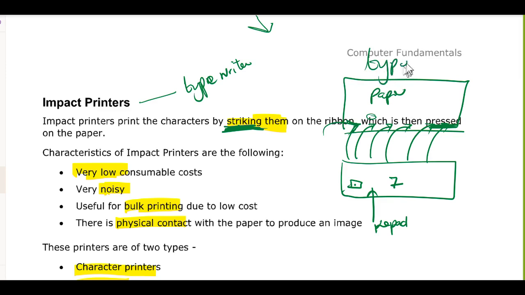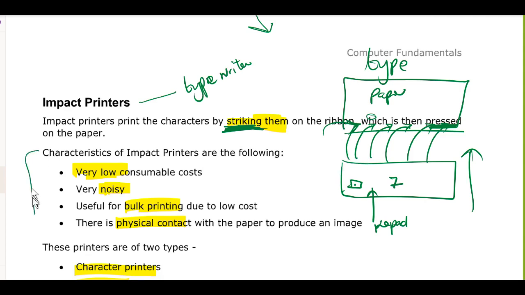That is not necessarily how impact printers work now, but the idea is the same. This was manual striking, but now electronic striking is still used, whereby you press the keys that you want typed on a paper by using electronic means.